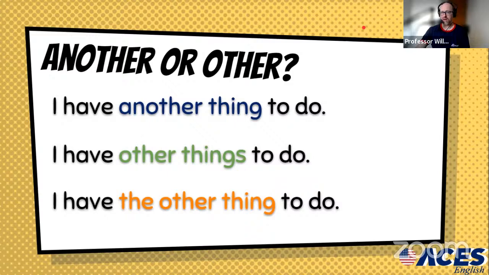Ou necessariamente tem que ser another. So it depends. So with thing, you can only use the singular if it's the other. So you cannot say other thing. Either it's going to be another thing, or it's going to be the other thing, or if you use other, it has to be plural, other things. And that's what causes the confusion. Go ahead.